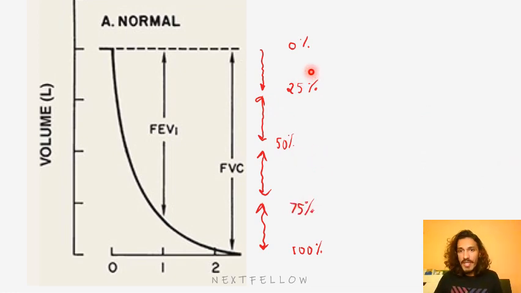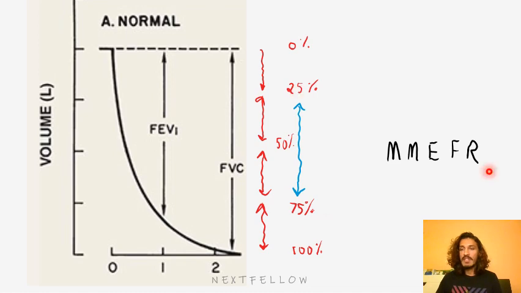When you expire, initially the air coming out is from the trachea, bronchi and the larger airways. Then medium sized, and towards the end what comes out is the small airways. This is the concept you have to understand. So we take something in the middle, 25 to 75, for the medium sized bronchioles. That is why it's called maximum mid expiratory flow rate, MEFR.